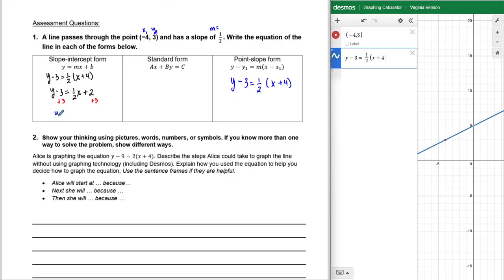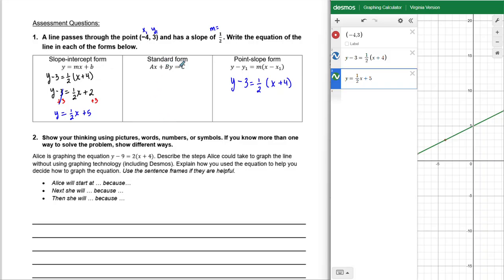So I have here y equals, that gets crossed out, 1/2 x, 2 plus 3 is 5. So this is in slope-intercept form. Let me graph it to check. Yep, there it is.